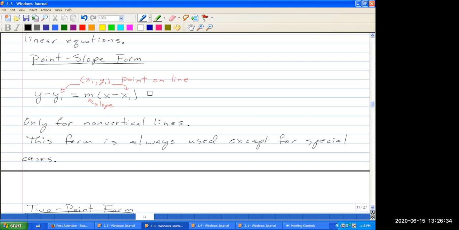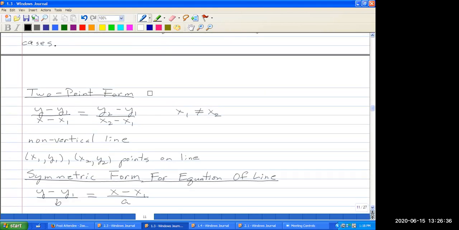Okay, next, the two-point form for the equation of a line. The two-point form for the equation of a line is just (y minus y1) over (x minus x1) equaling (y2 minus y1) over (x2 minus x1), where I'm assuming that x1 is not equal to x2 and that (x1, y1) and (x2, y2) are two distinct points on the line.